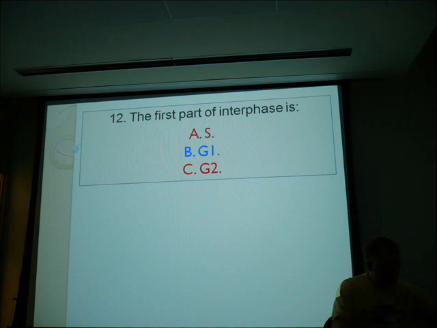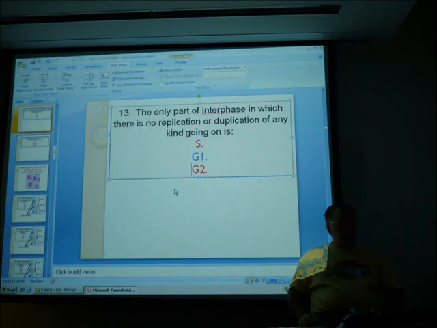I'm going to take these letters off so it never gets confusing. What is the first stage? G1. It's the only part of interphase where nothing is happening except the cell is growing.